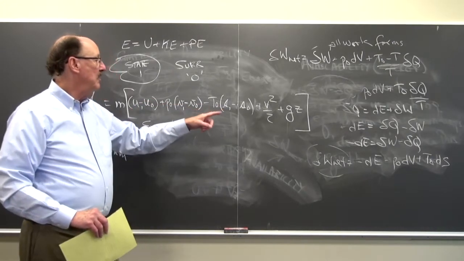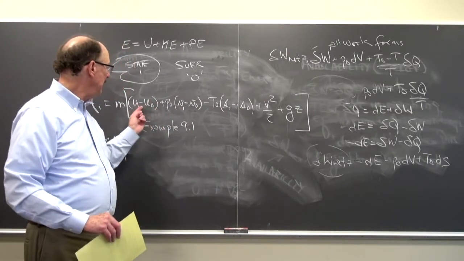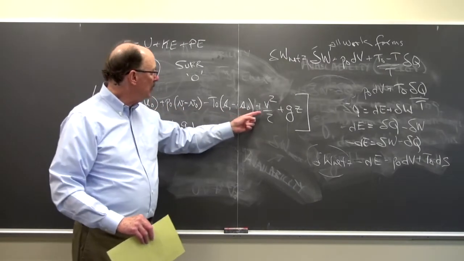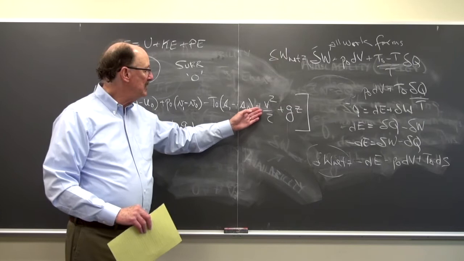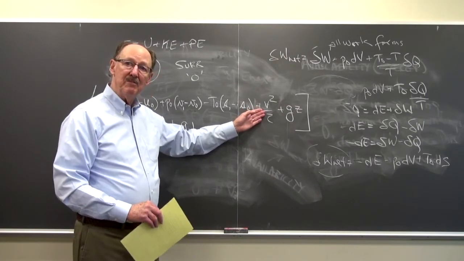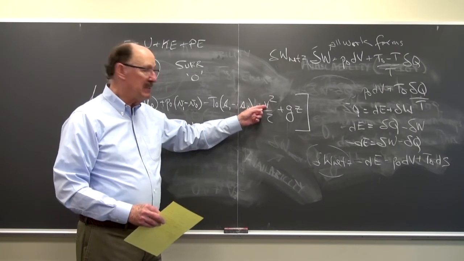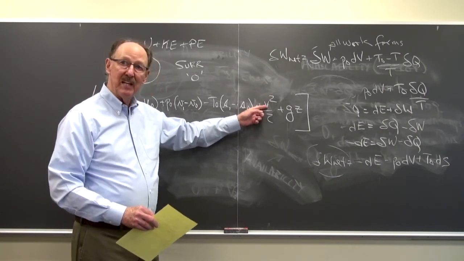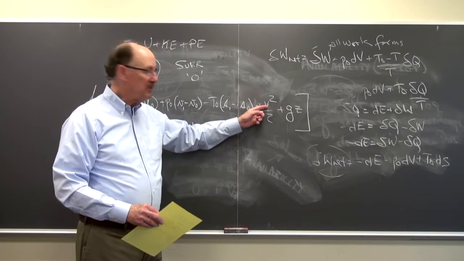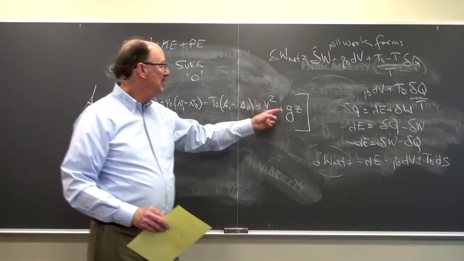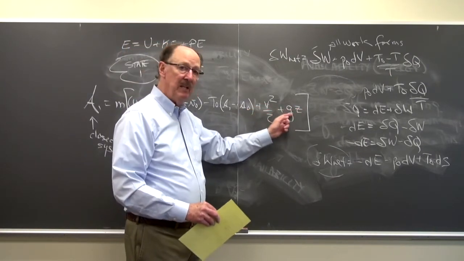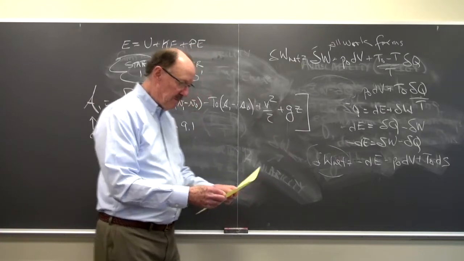Notice here that we always have a difference, but over here we don't. What's happening is this is the velocity relative to the surroundings, and V0 is 0. So this is relative to the surroundings, so there is no velocity of the surroundings. It's 0. Similarly, for the potential energy, it's relative to the surroundings.